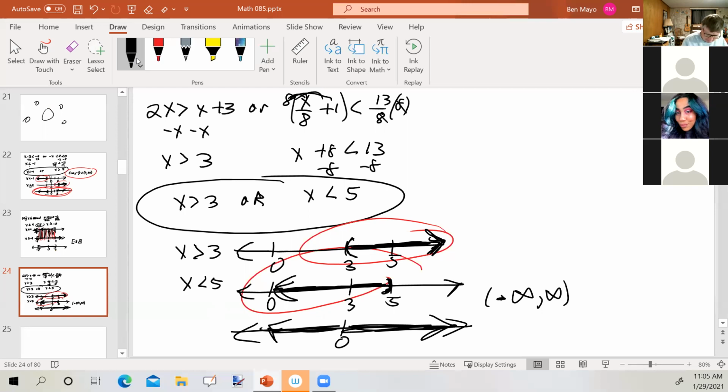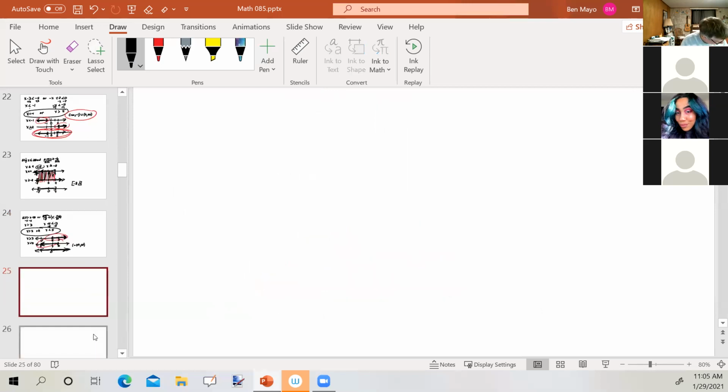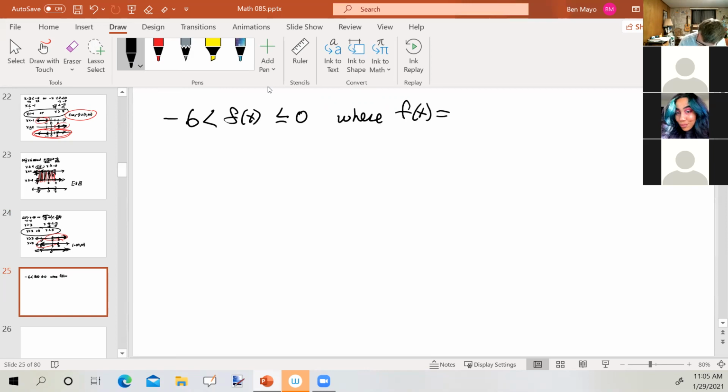Take a look at this problem. It says -6 less than f of x less than or equal to 0, where f of x equals 3x minus 9. So basically what we're going to do is take this and substitute it in the place of f of x.